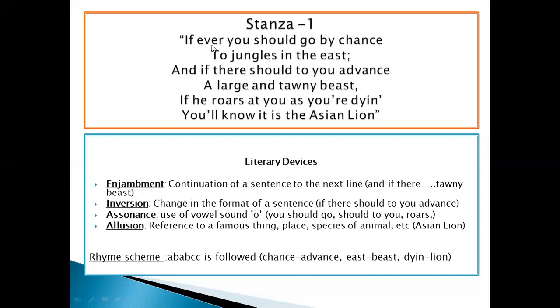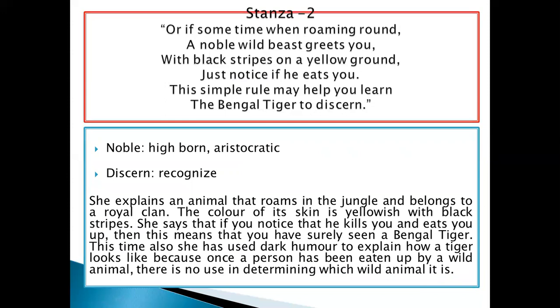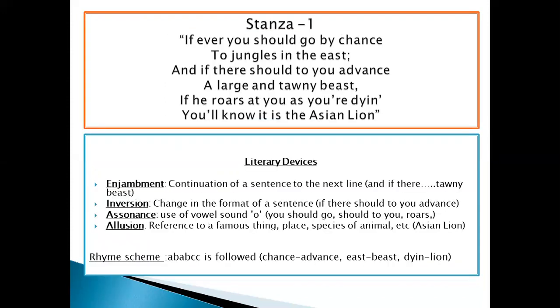Now, students, let's find out the literary devices in this stanza. Here you can see that there is a continuation. We did this in other poems also, Dust of Snow, Fire and Ice, and it is called enjambment. So continuation of a sentence. If ever you should go by chance, it goes and continues till the next line.